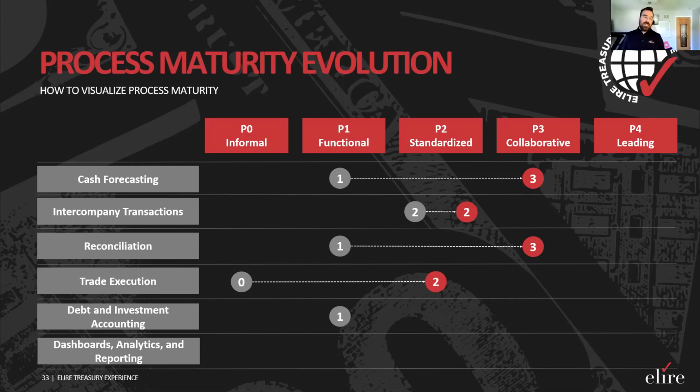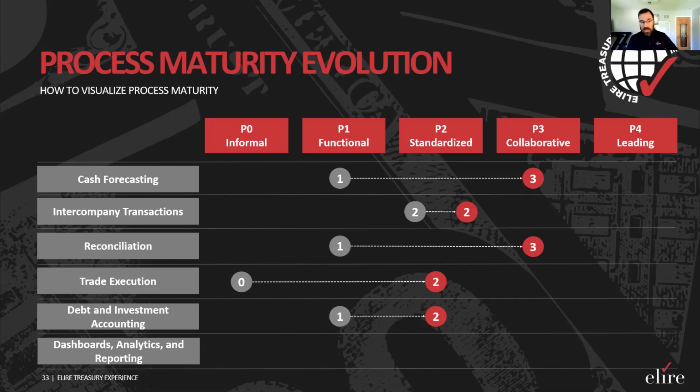So, debt and investment accounting. Again, you might be at a functional level, and this might not be that critical, because ultimately you don't have a lot of debt and investment accounting activity. But if you're scaling and growing, that might have to change.